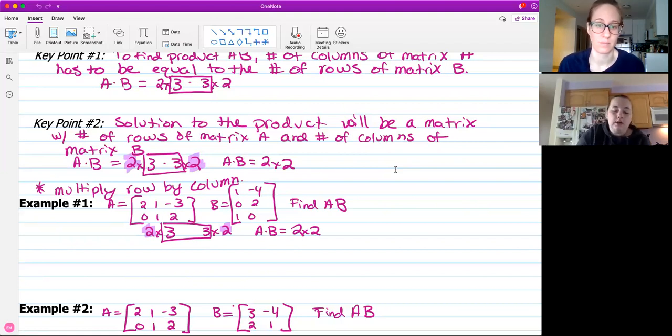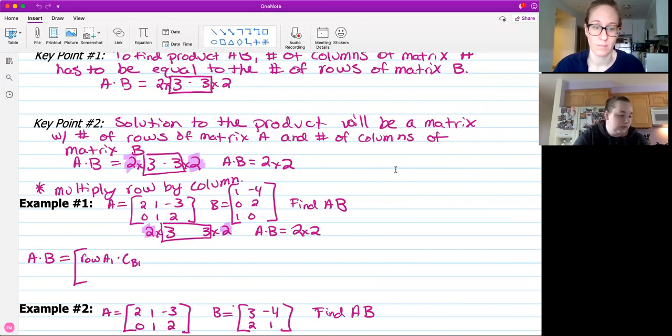Okay, so to multiply these two actually together, we're going to take A times B and multiply row by column. In our first spot here, we're going to have row A1 times column B1.